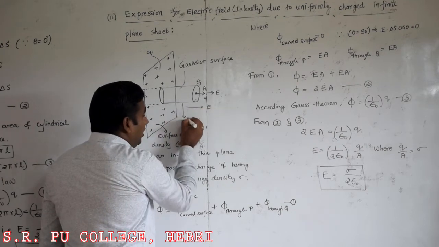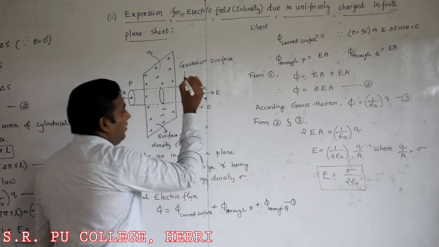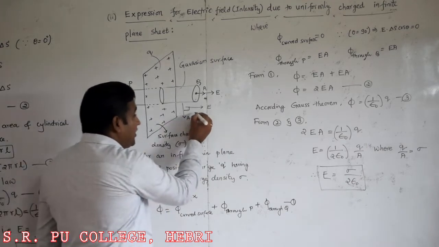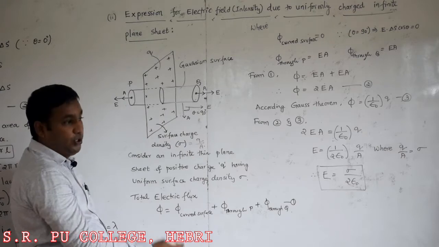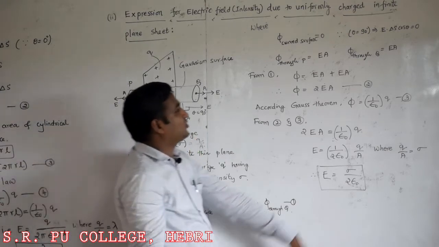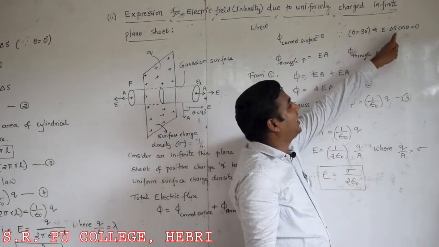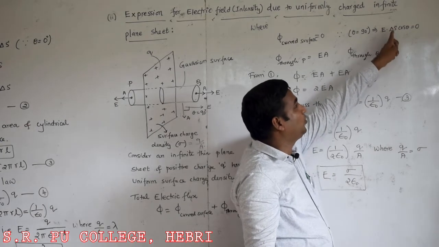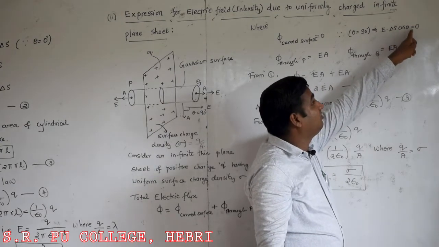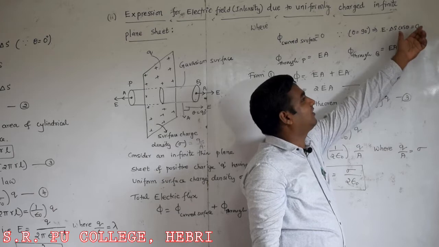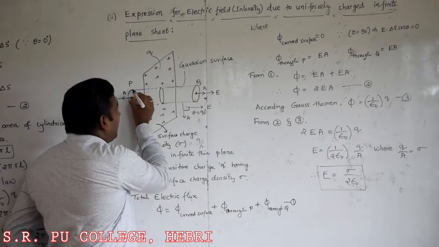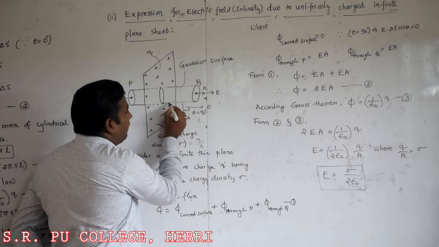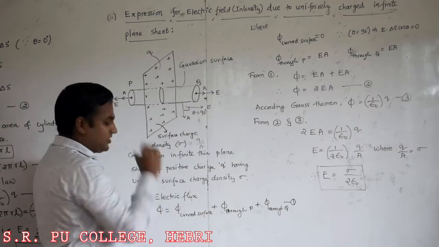The angle between area vector and electric field is theta equal to 90 degrees. Electric flux is equal to E delta S cos theta, or E A cos theta. Since theta is 90 degrees, the flux becomes 0. That's why over the curved surface, electric flux is equal to 0 is the first thing.